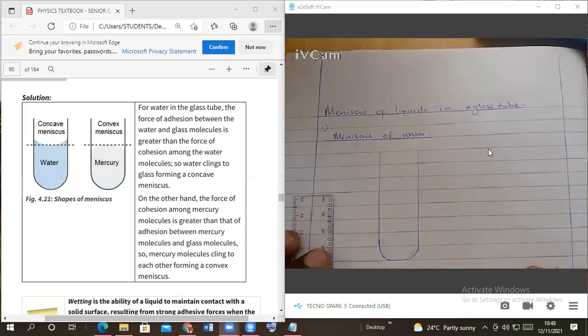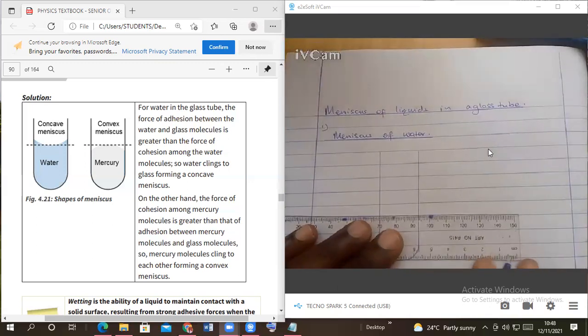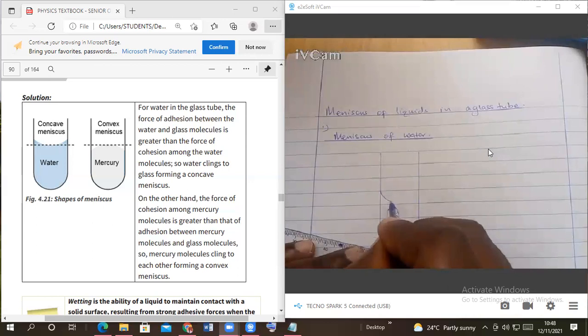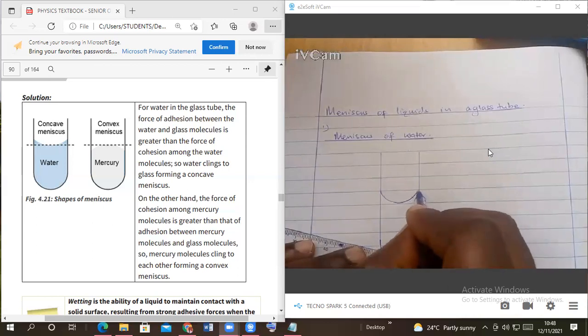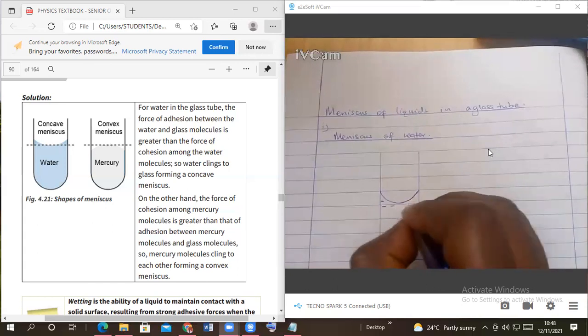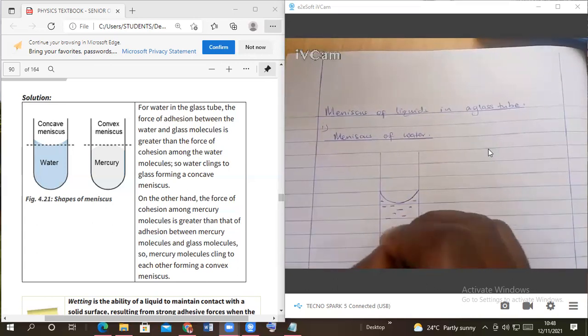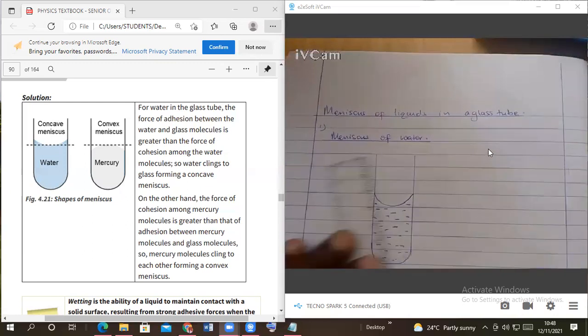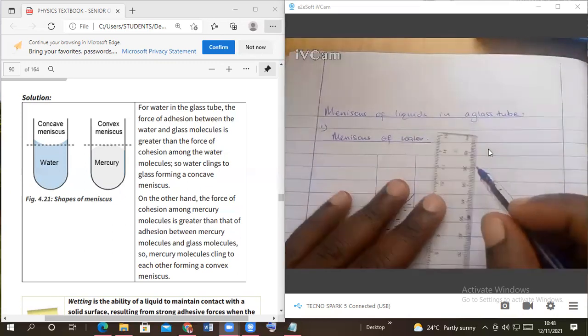Okay, and we shall have something like this. Okay. We shall put our water there. That's the meniscus of water.